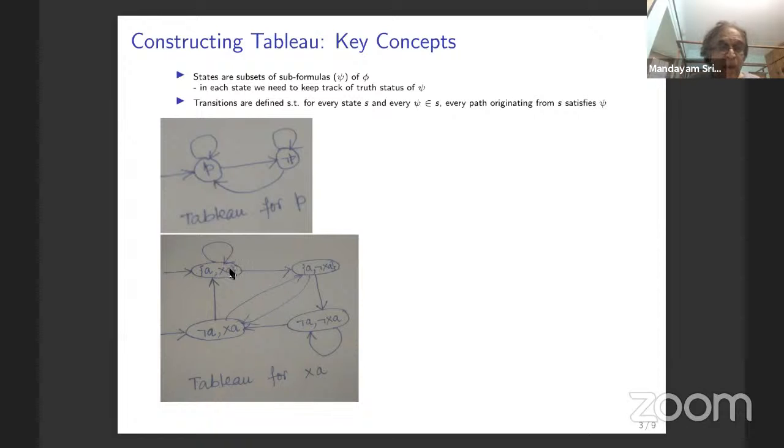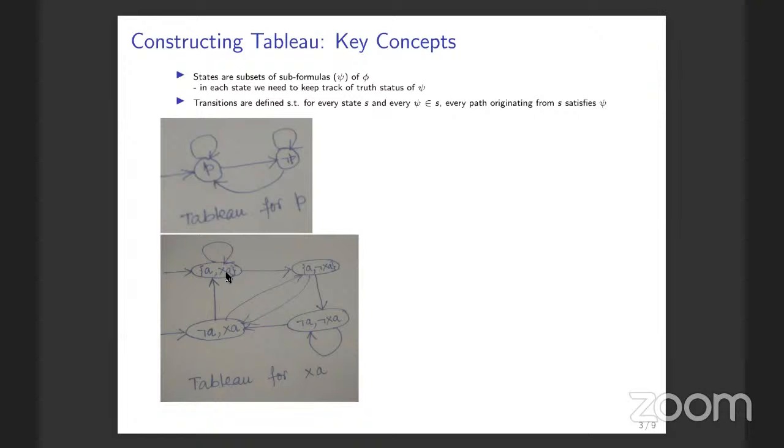So with that, we have 4 possible subsets of the set of all subformulas defined by the original formula XA. So this says that this is a state in which A has to be true and every path originating from it has XA true. Okay, that's how you interpret that.